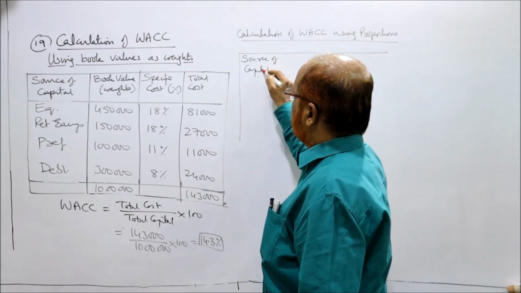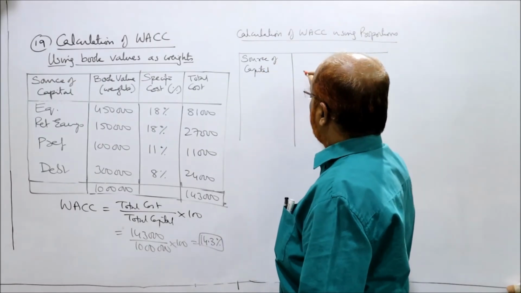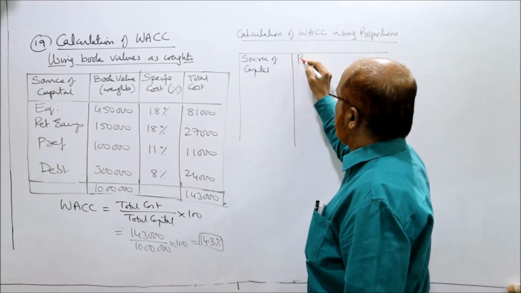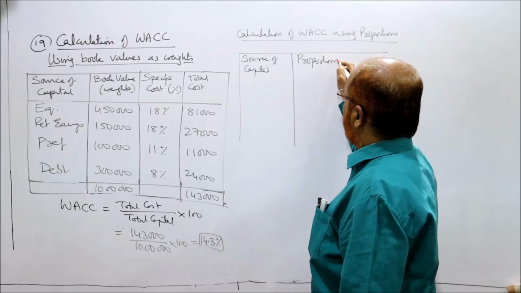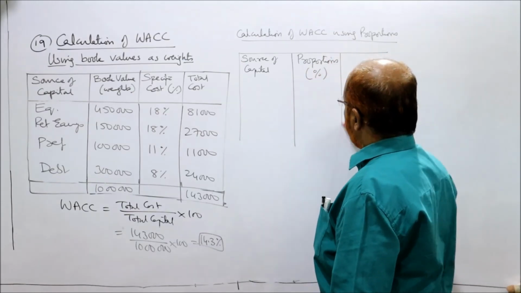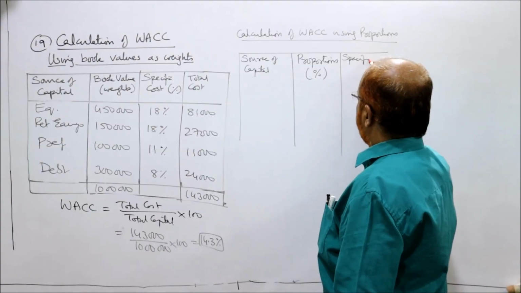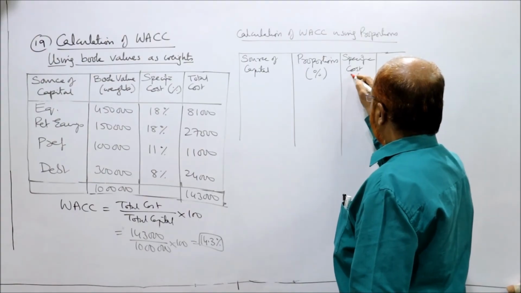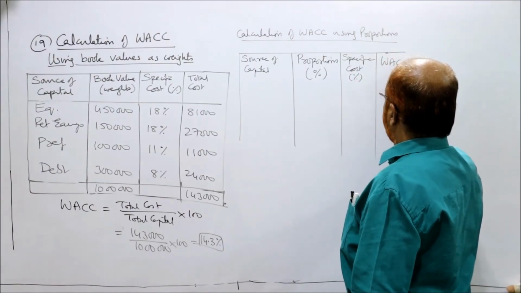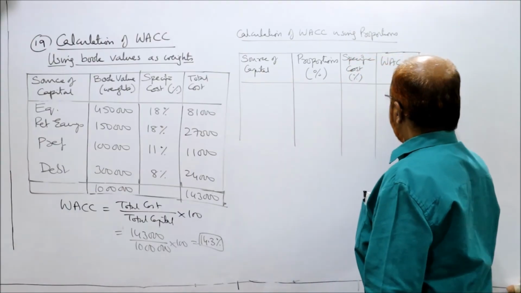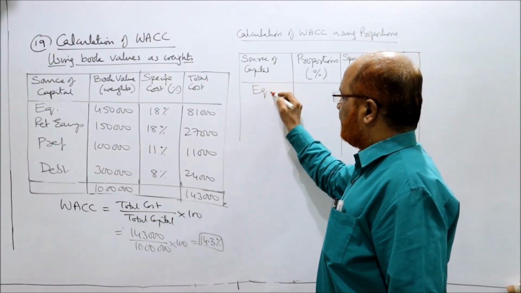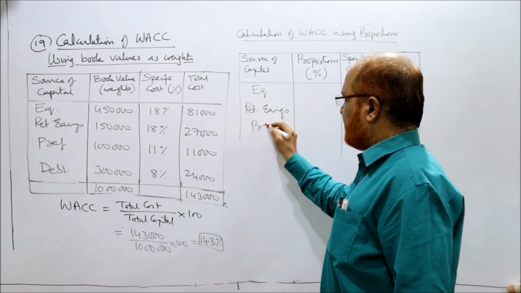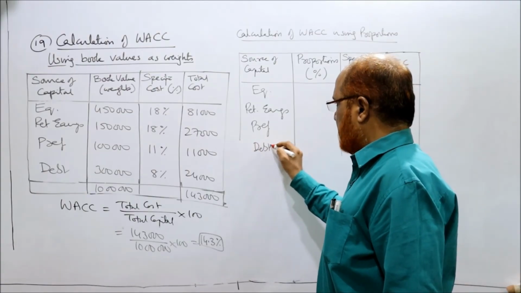Source of capital, then book weights or proportions. Source of capital: equity, then we take retained earnings. Next we take preference. Last one we take debt.